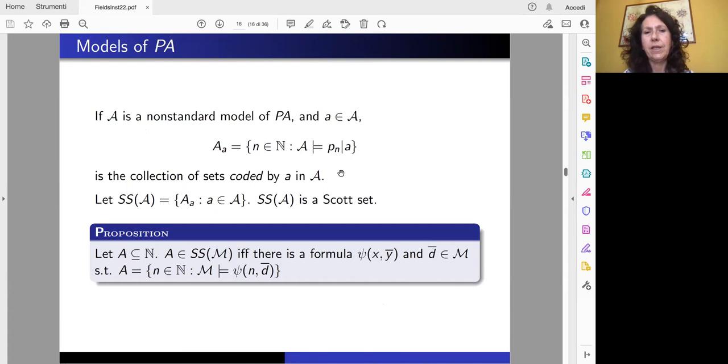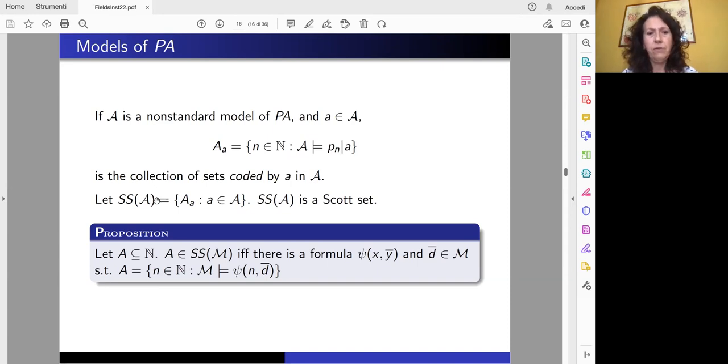These are called the coded sets in A. Of course, for those who have never worked in Peano arithmetic, there are non-standard primes also, because of overspill.